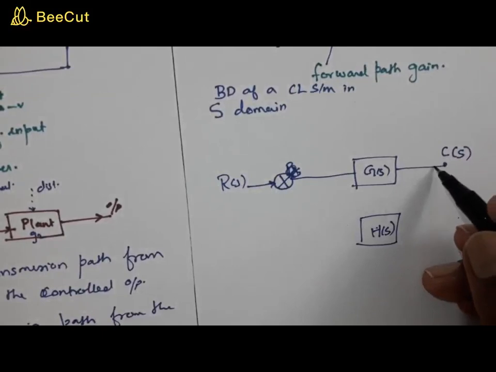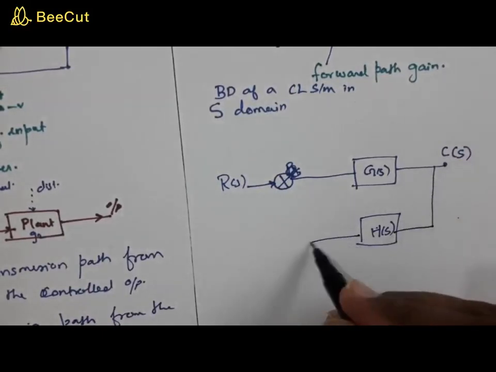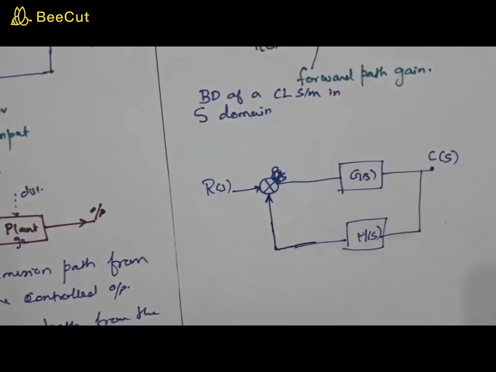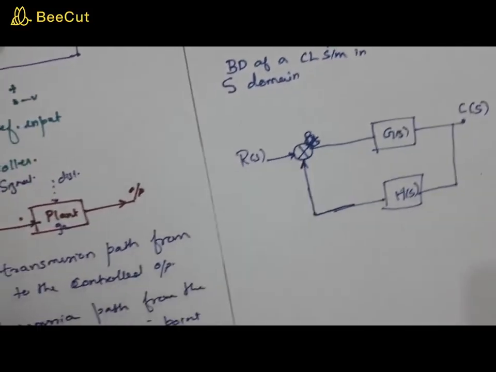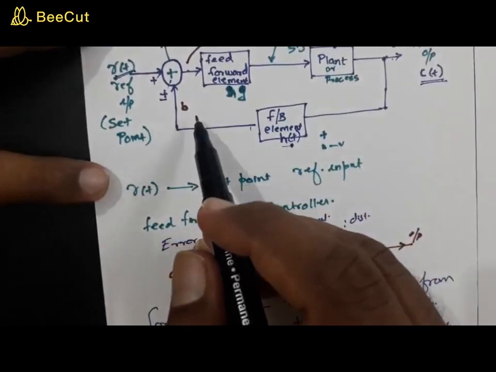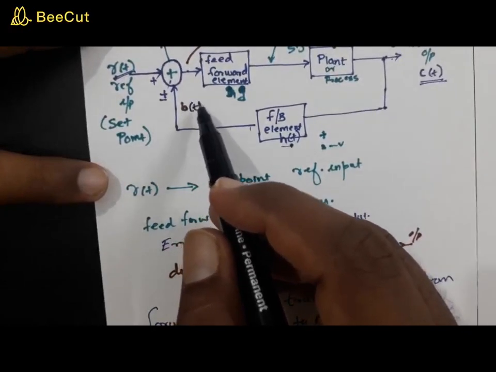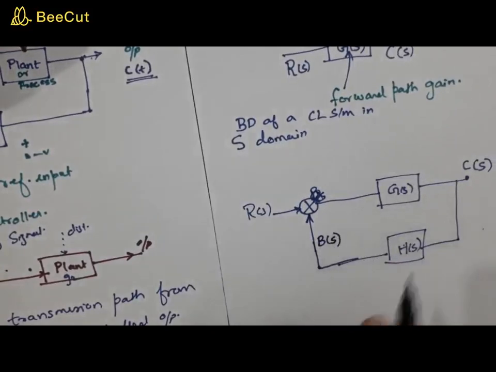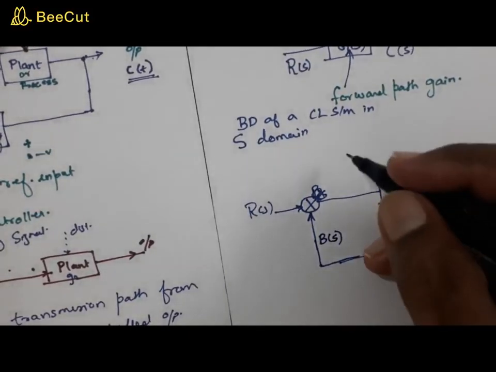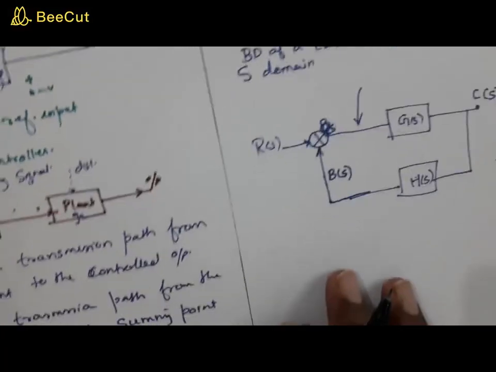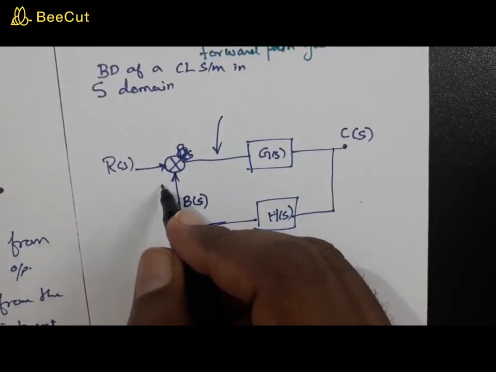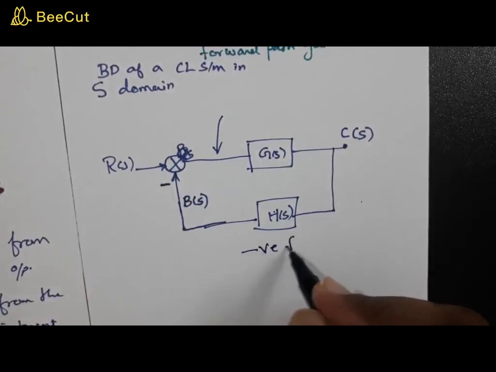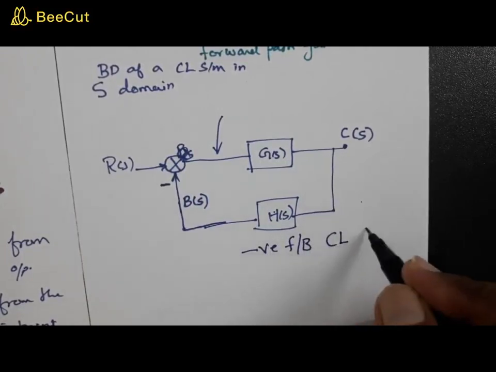So you can just connect this h of s, and this will be connected to C of s. Now what about the signal? This is small b of t, and the feedback signal will be capital B of s. Before going further, I'm assuming that this feedback is minus. So what type of feedback is this?